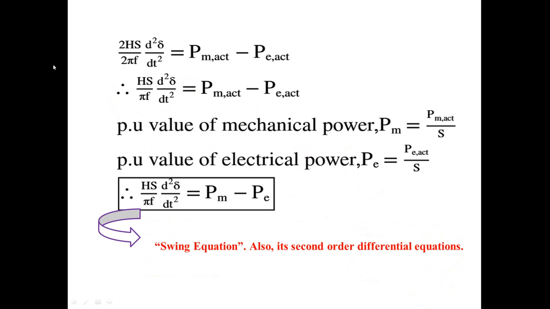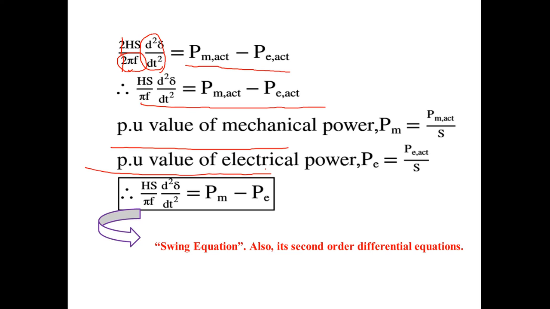So here we have substituted ωs. This is my ωs. So this is as it is, equal to Pm minus P electrical. So 2 will be cancelled. The equation is like this. I need the power per unit value of mechanical and per unit value of electrical.